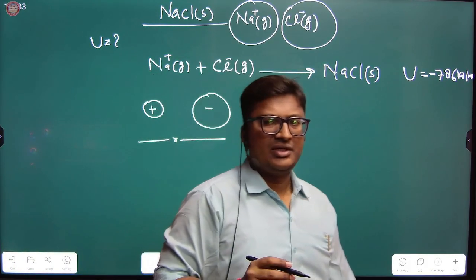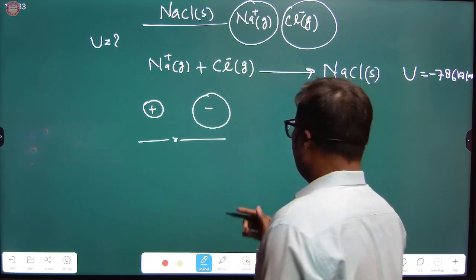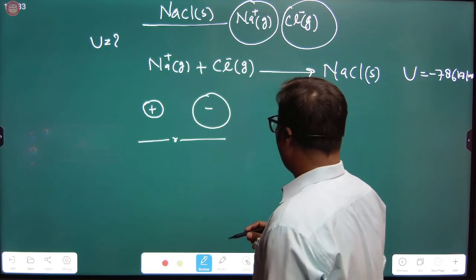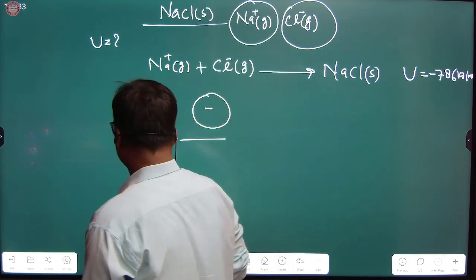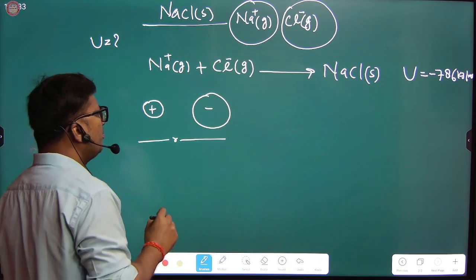So there is some sort of electrostatic interaction between cation and anion, and electrostatic interactions cause the formation of ionic compounds.